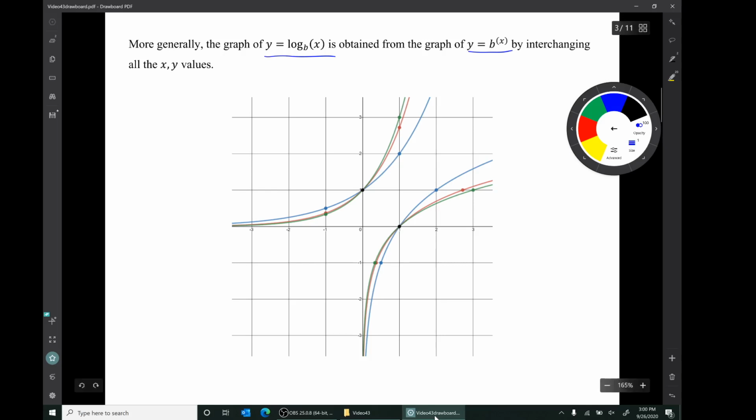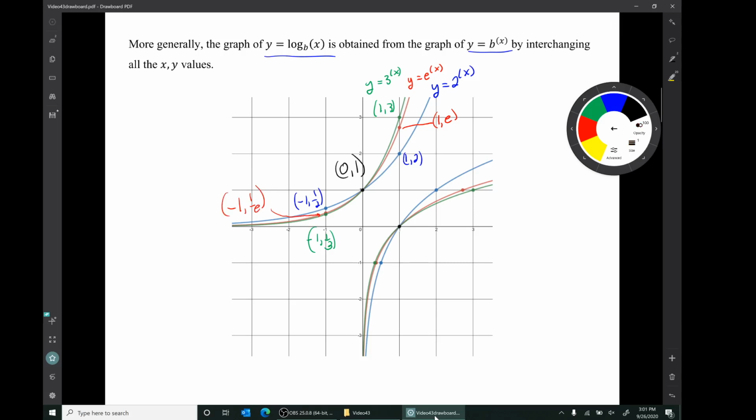We've seen these graphs before. And let's label the distinctive points on those graphs. So there are the distinctive points on those 3 exponential function graphs.